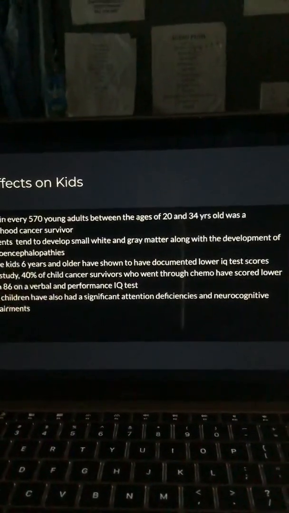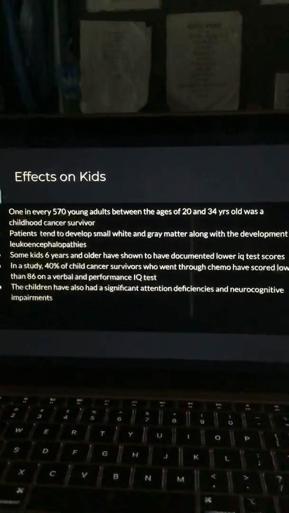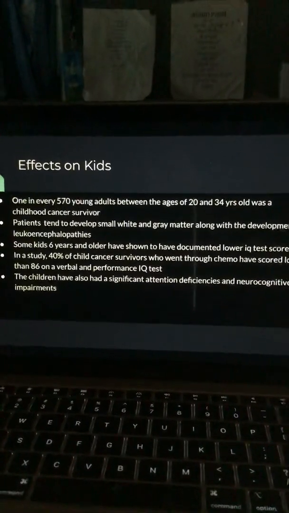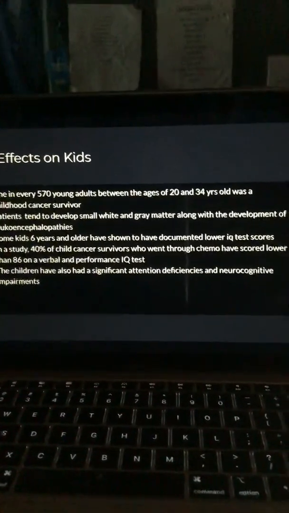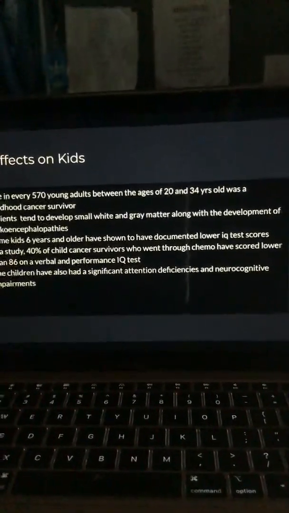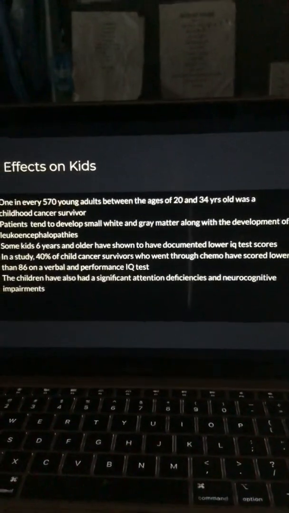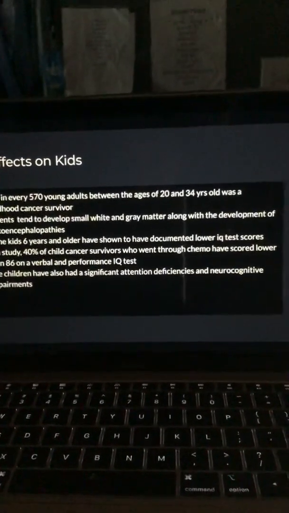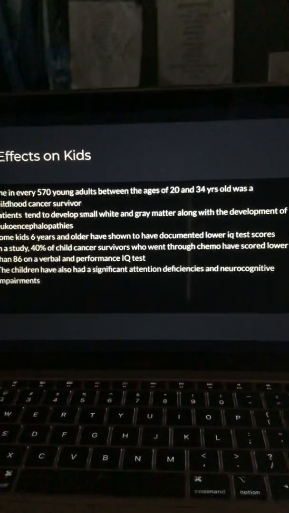Now that we're finished talking about the elderly, we're going to start talking about the kids. One in every 570 young adults between the ages of 20 and 34 years old was a childhood cancer survivor. Patients tend to develop small white gray matter along with the development of leukoencephalopathies.